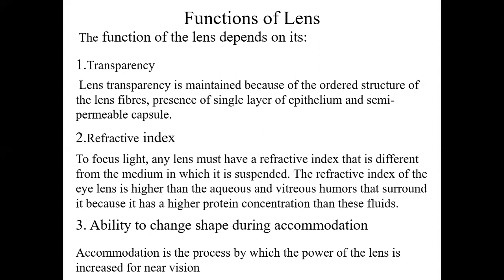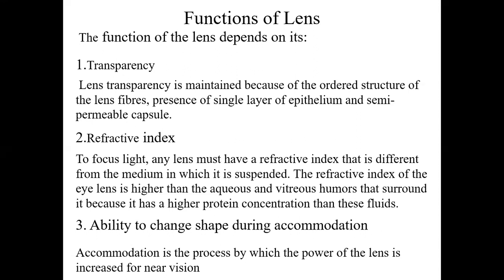That means the single, well-arranged layer allows the light to go through properly without interruption, to be focused properly on the retina. And being a semi-permeable capsule, it allows the nutrients from the vitreous and the aqueous humor to go in properly, so the nutrient exchange can be done very easily.